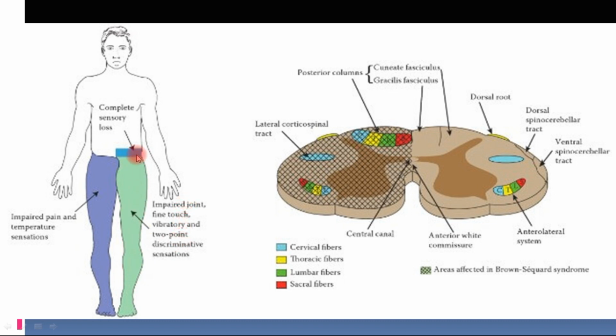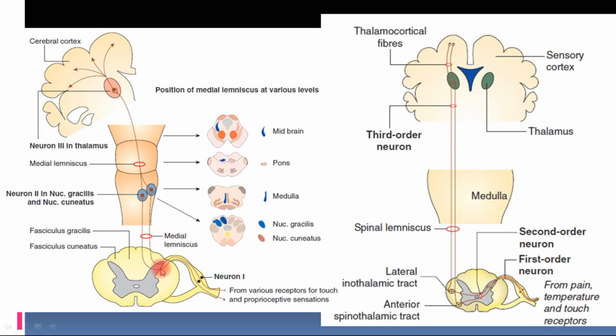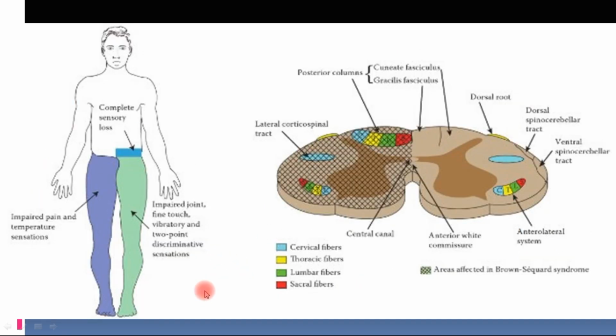Why is this happening? This is happening because, as we have discussed earlier, the dorsal column pathway ascends on the same side. So if there is a lesion on the left side, what is going to happen? The sensation of the left side of the individual is going to get lost. These sensations are carried by the dorsal column medial lemniscus pathway.